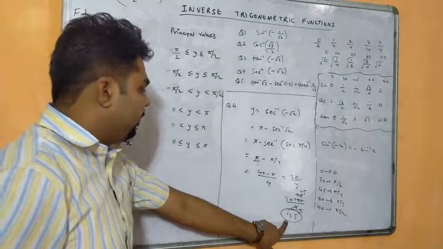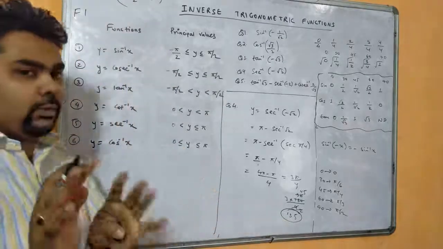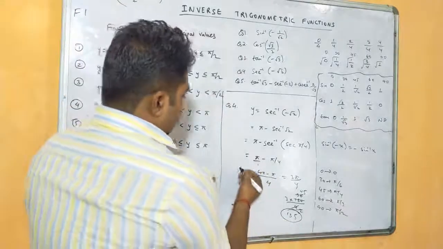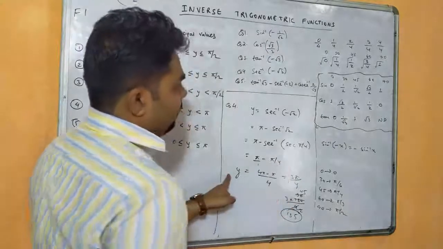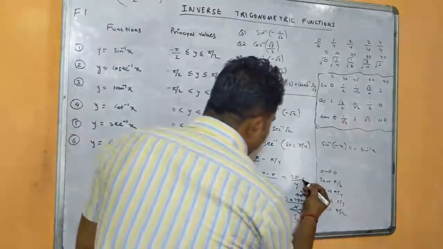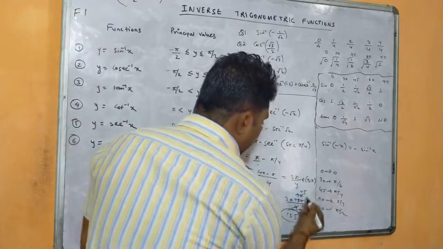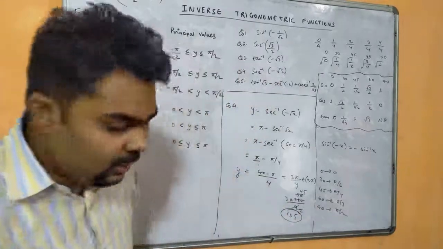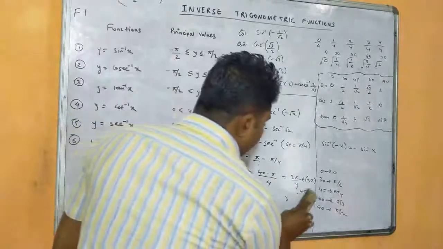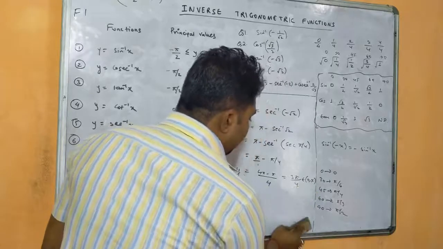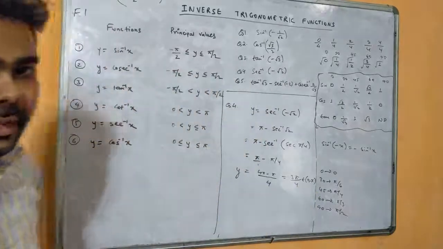So 135 is lying between 0 to 180, so therefore we can say that y, that is the principal value of sec inverse minus root 2, belongs to 0 comma pi. So this calculation you need to do in rough, right? Just to check whether the last answer is lying between 0 to 180 or not. Yes, it is lying.